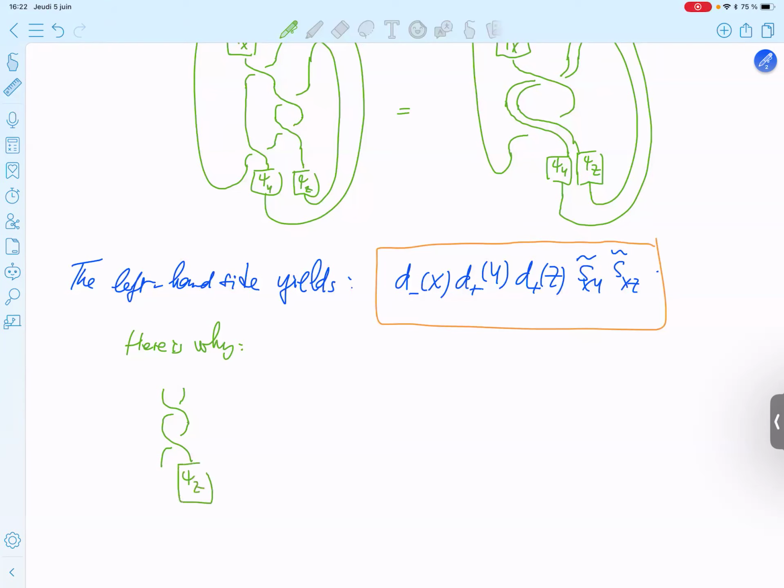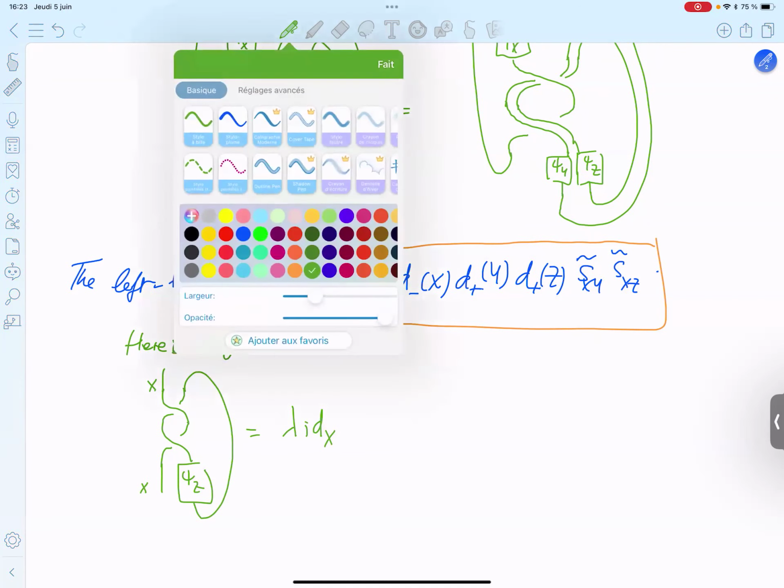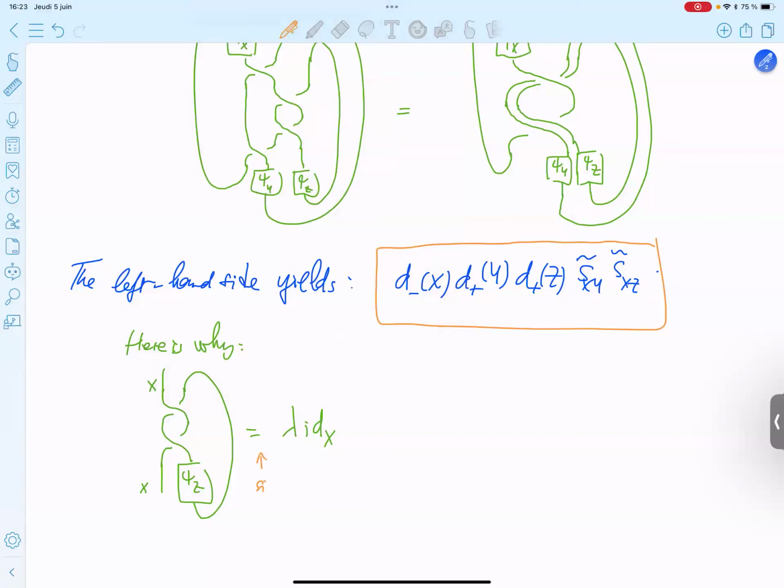Phi z, X, and this way. So this is nothing but a constant multiple of the identity, since X is simple, by Schur's lemma.